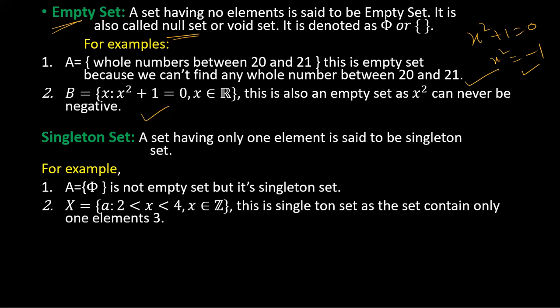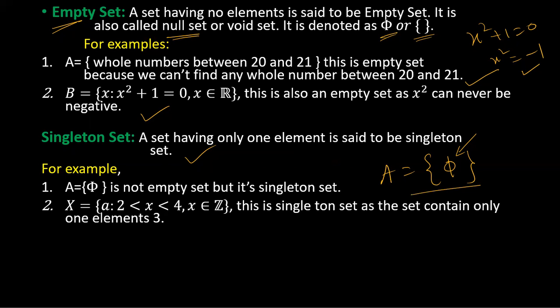Now the singleton set. A set having only one element is known as a singleton set. Also, the null set is defined as phi or empty brackets. But if we write this phi in curly brackets, it becomes an element of a set.